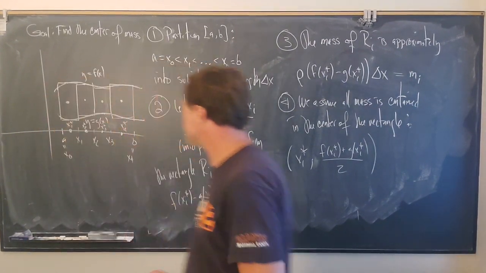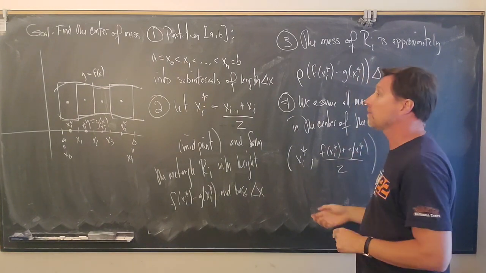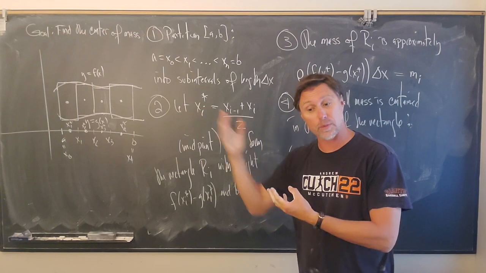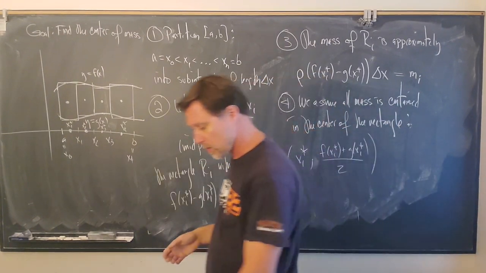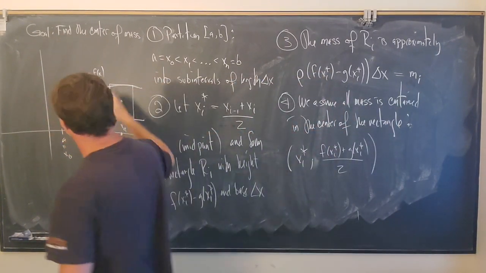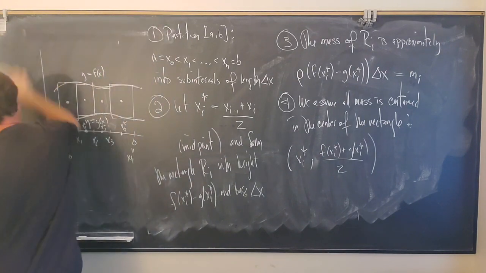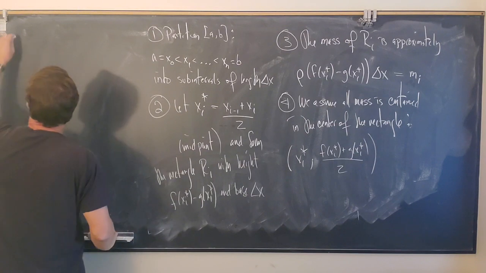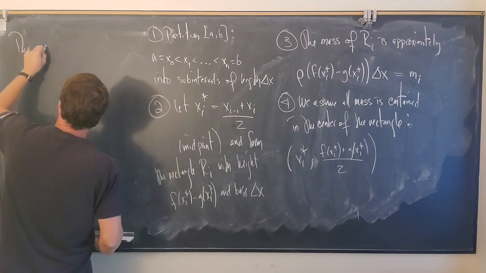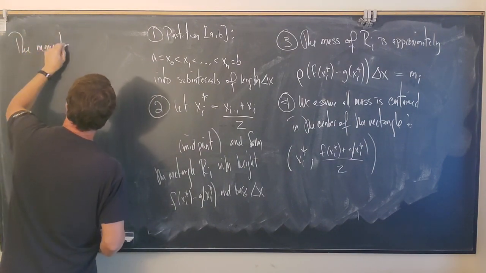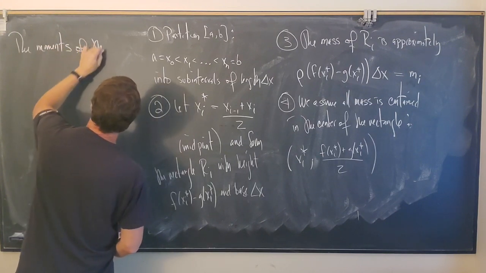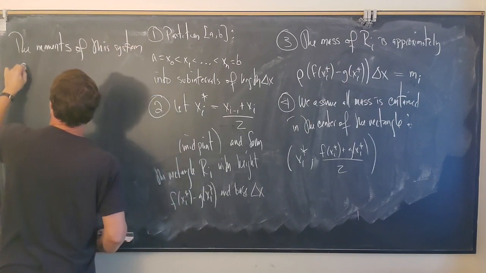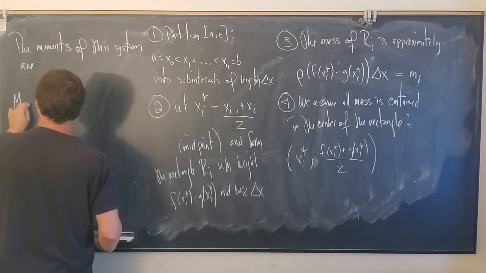Now, the reason we're making this assumption right here is we would like to then use the formulas that we have for point masses that we developed a little while ago. So, the moments of this system are, so let's see, I need m sub x.